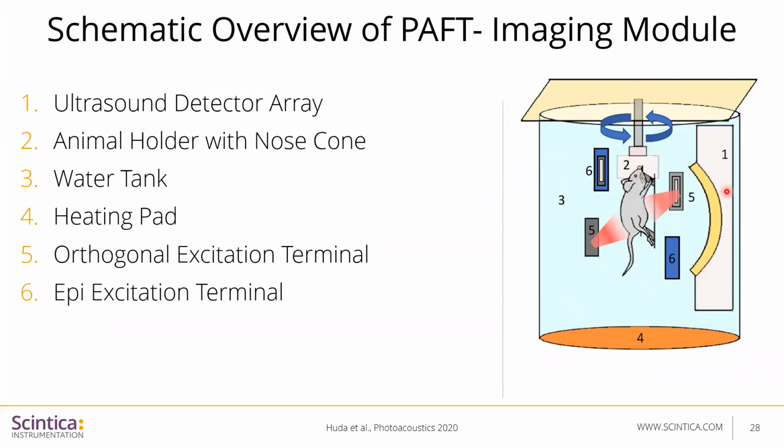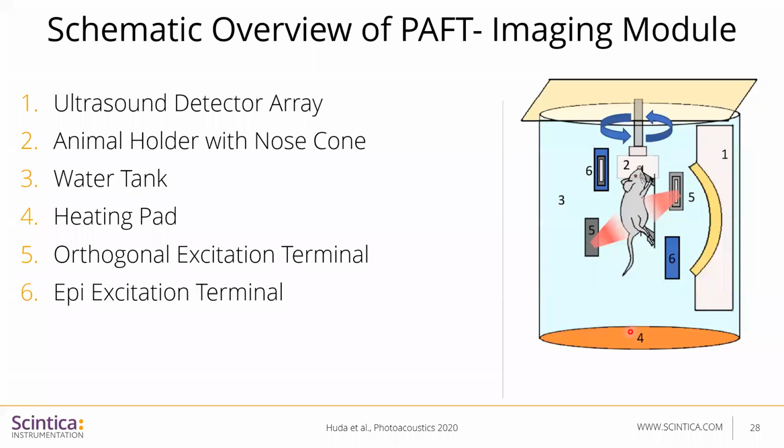Third is the water tank, and as I have mentioned, the imaging module is on top of the water module, and the water module maintains the temperature of the water tank. The temperature of the water is always maintained at 37 degrees Celsius. Number 4 here is the heating pad, which makes sure that the temperature within the system is maintained.